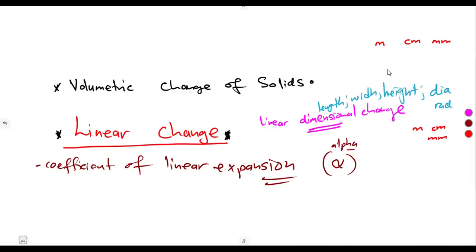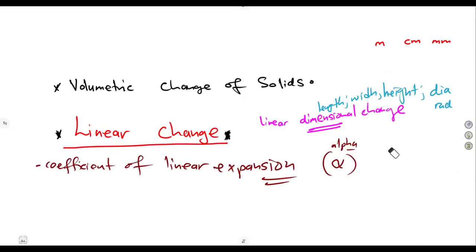Same with radius. You can't say the radius of a circle is 2 square meters. No. The radius is a linear dimension, 2 meters.